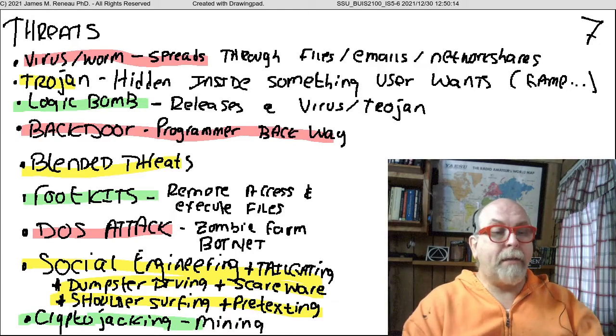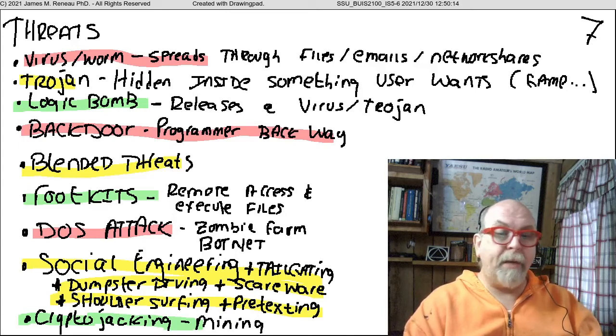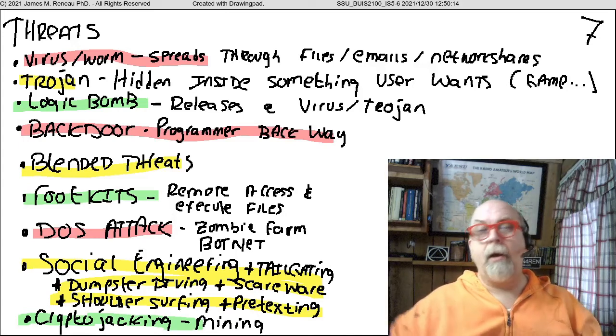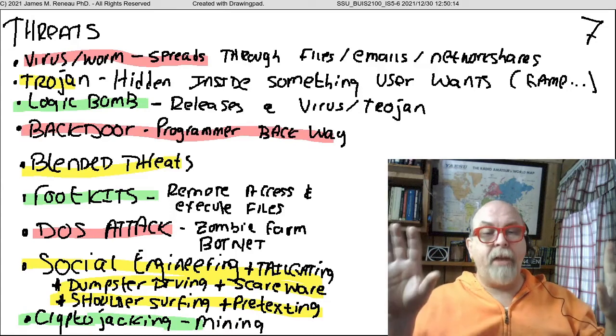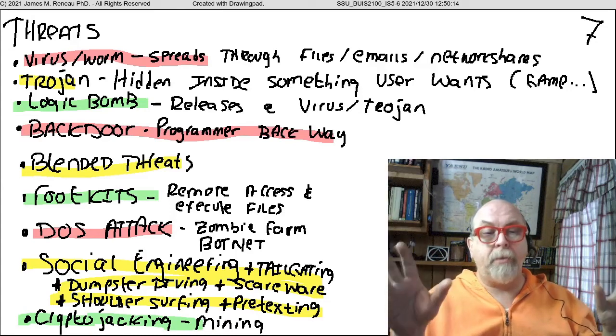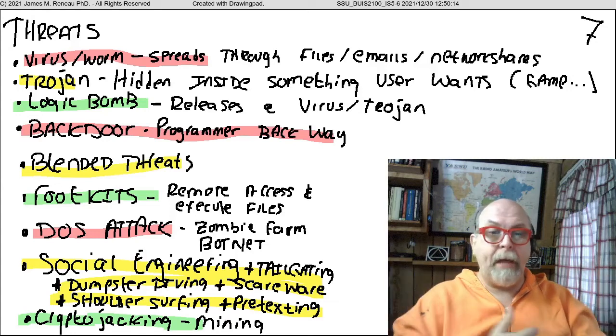A DOS attack, we talked about that in a previous slide, is literally where your network is flooded from the outside and your customers, or even you, can't use the network. So basically they've denied your service, denial of service attack.